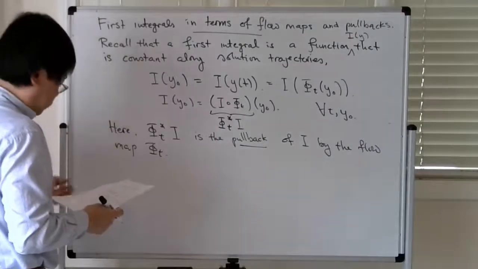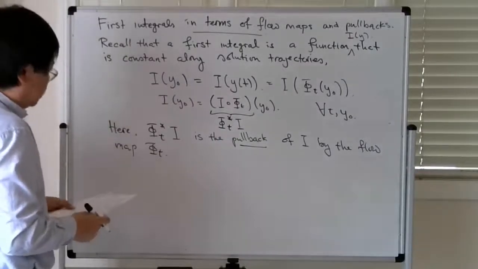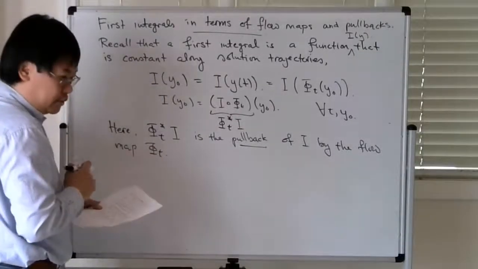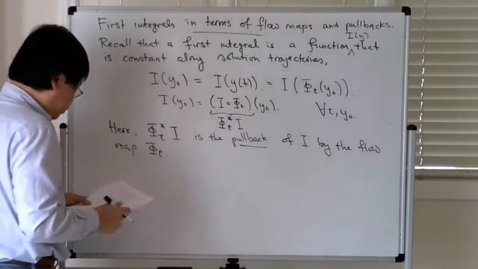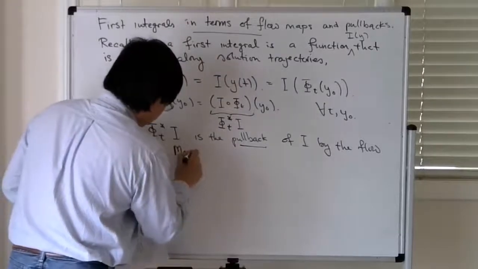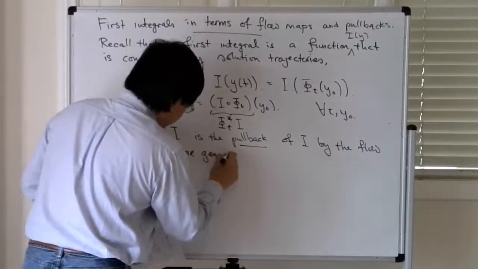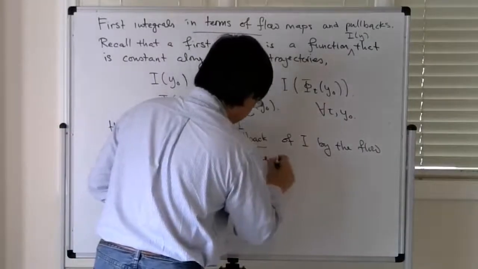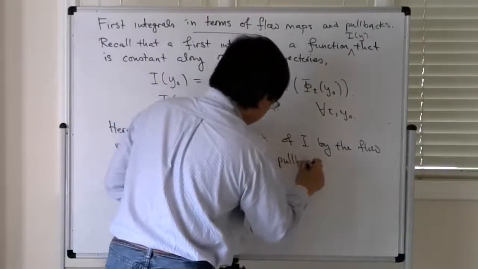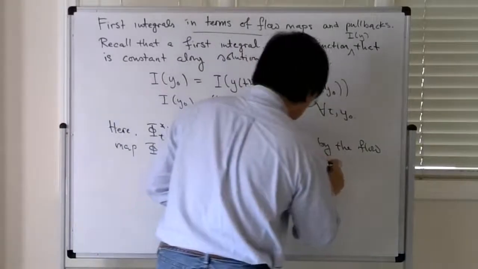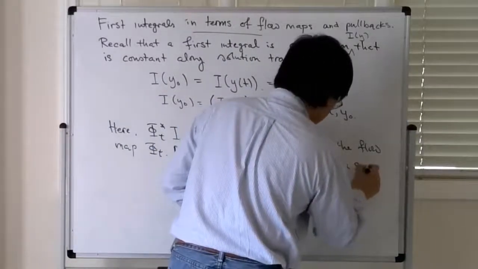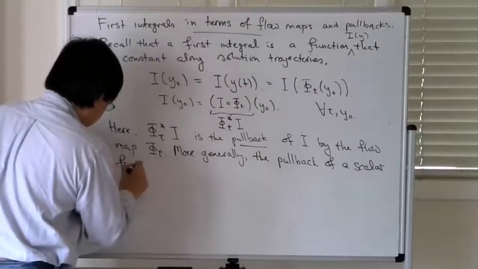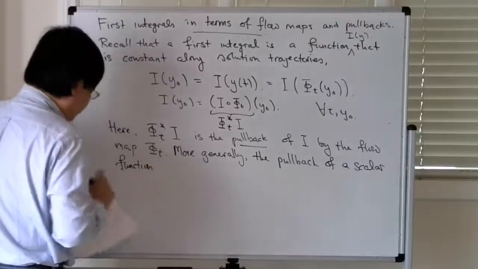So you might ask, well, why is this thing called the pullback? Okay, so it's natural to talk about what the pullback of a scalar function is. So more generally, the pullback of a scalar function is defined by the following commutative diagram.